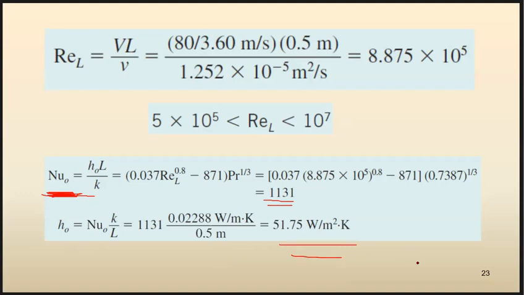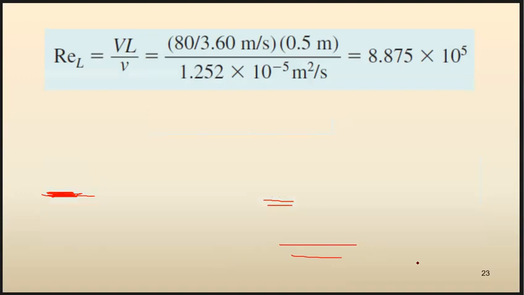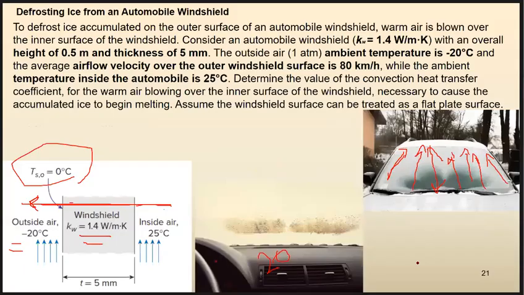Now, we are asked to calculate the convection transfer coefficient that needs to be provided by the warm air blowing over the inner surface of the windshield. Because this is what we can control.